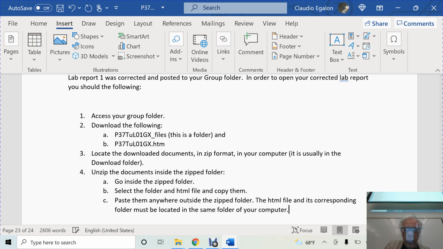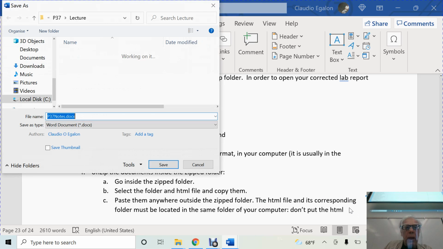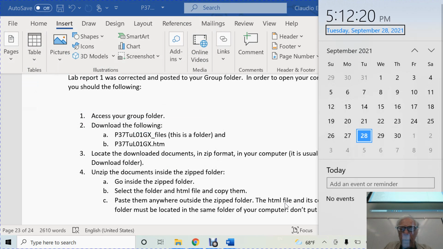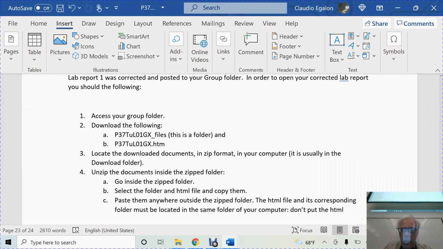Don't put the HTML file inside its corresponding folder. Some students do that, don't put the HTML file inside its corresponding folder.